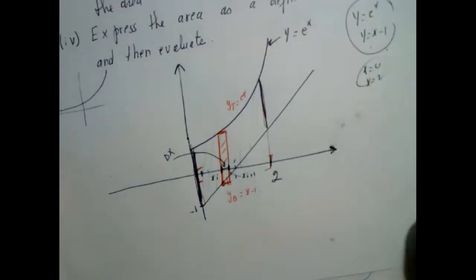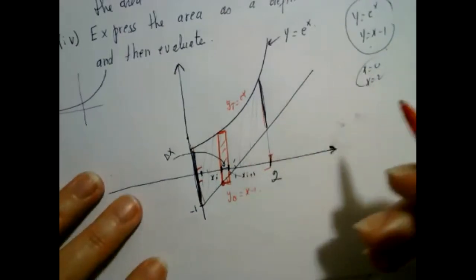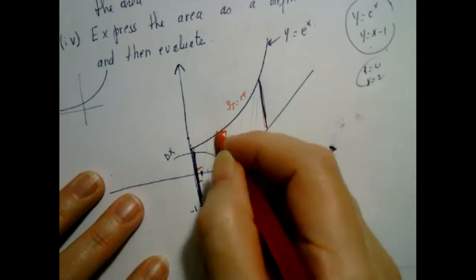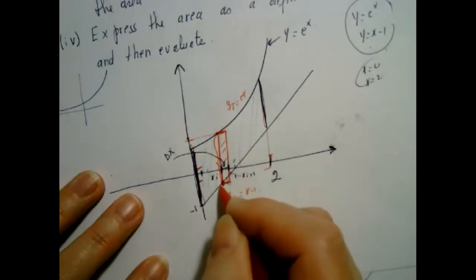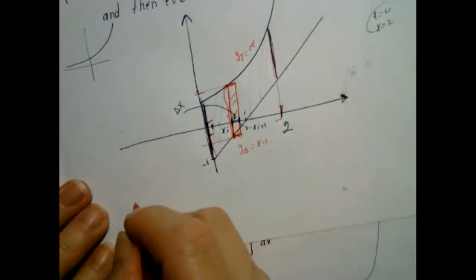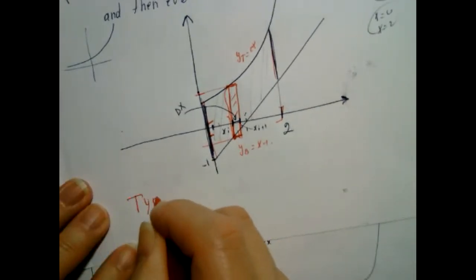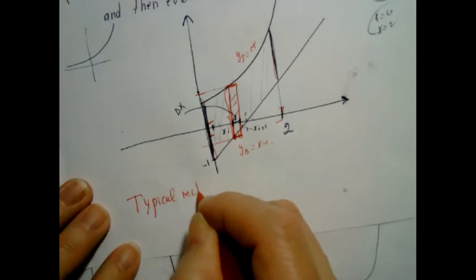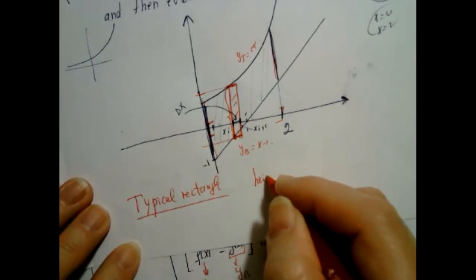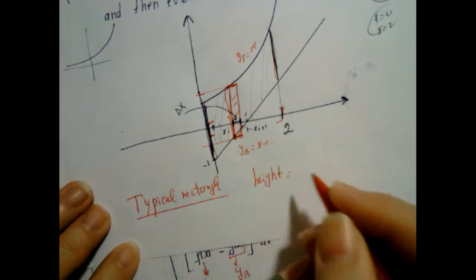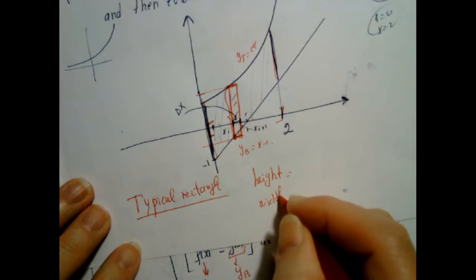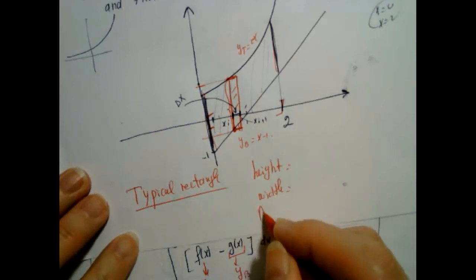Now, we're going to find the area of the typical rectangle. So what's the height? The height is from here to here. That's the height of my rectangle. So area of typical rectangle: the height, the width, and the area.